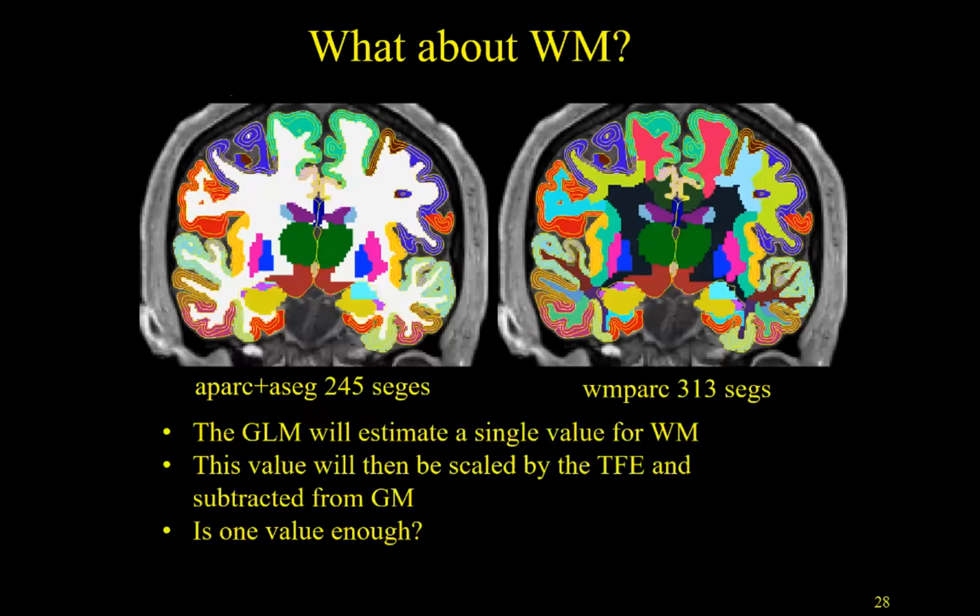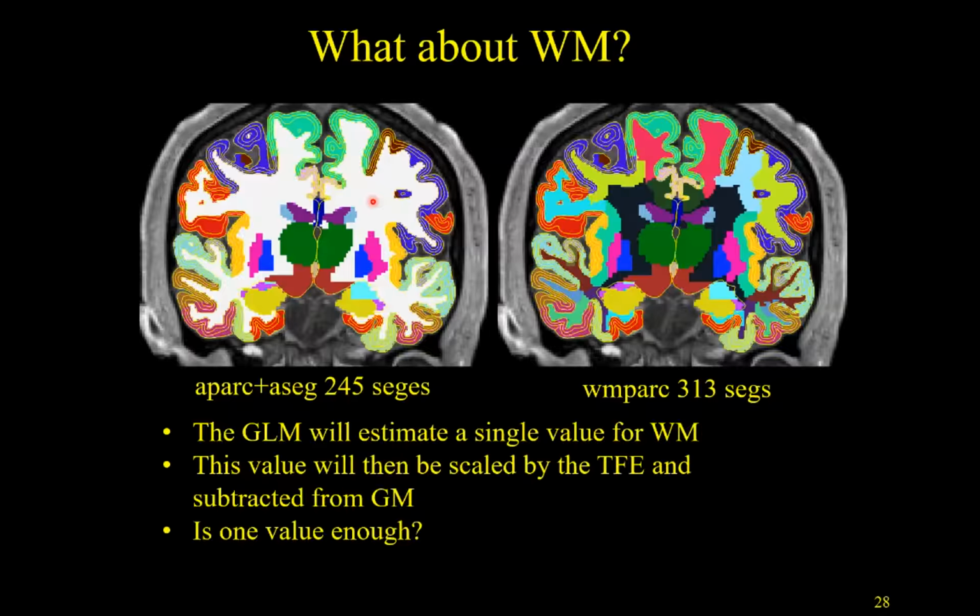And just to show you a rather gross example of it, consider this first model that I was solving where white matter is like this ginormous region of interest. So what the spatial GLM is going to do is estimate one value for white matter, and then subtract that from all of the adjacent ROIs, scaled by the spill out.